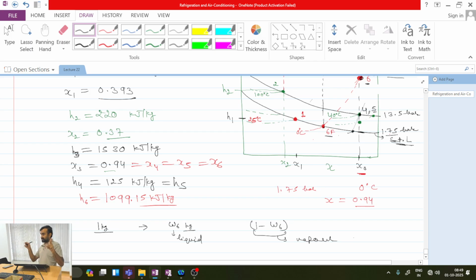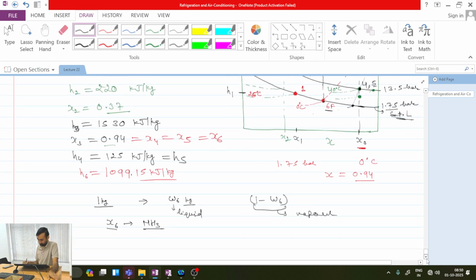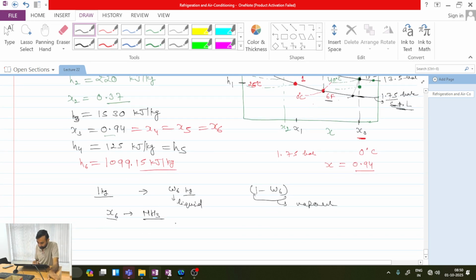Also, one additional thing, I know that at state 6 I am having X6 as the composition. This is whose composition? Ammonia's composition. 0.94 means 94% ammonia and 6% water. Okay. So if I write mass balance for ammonia, it will be 0.94 into 1. That is the mass of ammonia in 1 kg.